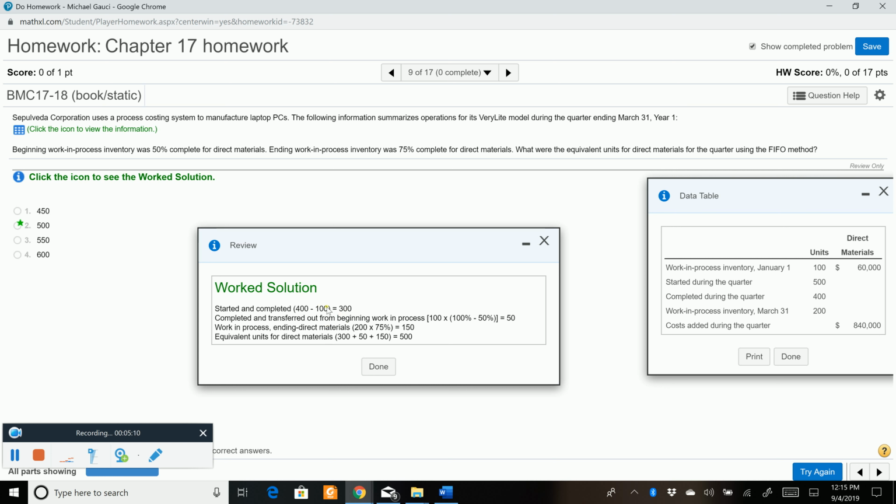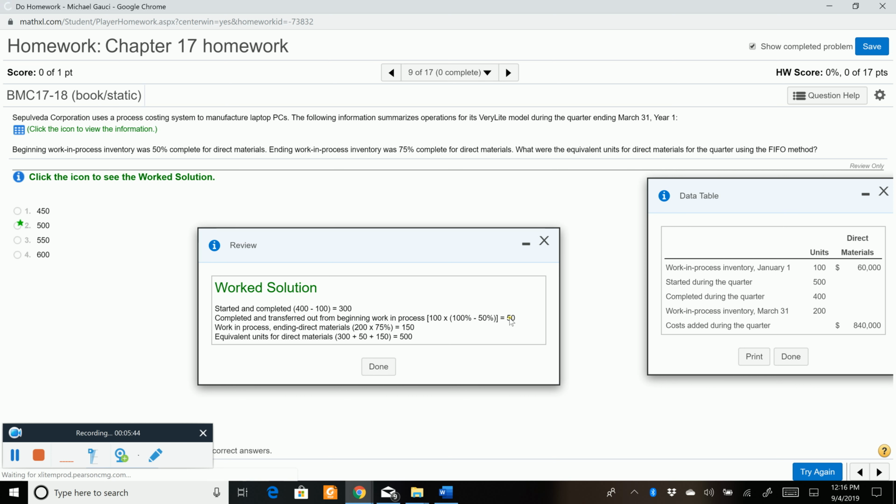Out of the 100 that came from beginning WIP that also completed, remember we said beginning WIP was 50% complete for direct materials. Well, that means the other 50% of direct materials were added during the current period. So to convert the 100 physical units to equivalent units, we're going to take the 100 times the 50%, or 50.